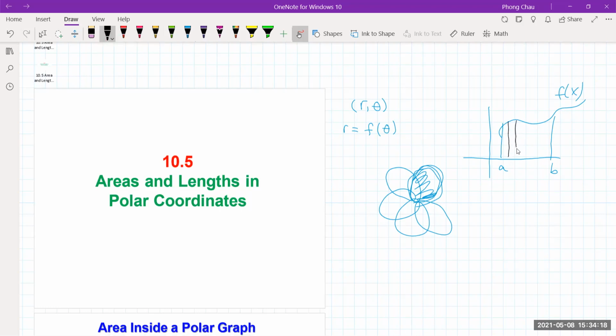You cut it into pieces, and each piece can be a rectangle, so we find the area of the rectangles. When you add them up, you have an approximation of the area underneath the graph of f of x, and then we increase the number of rectangles to infinity.